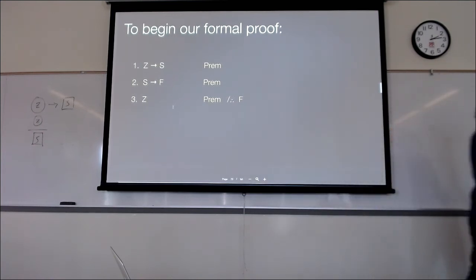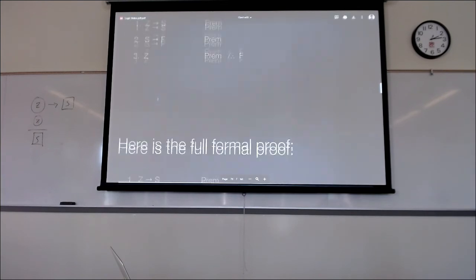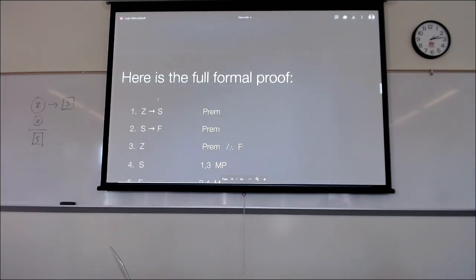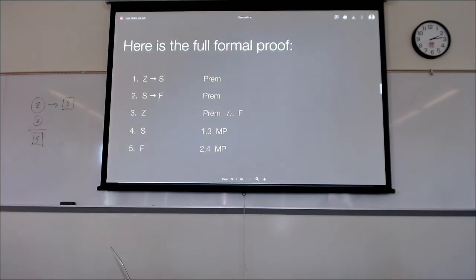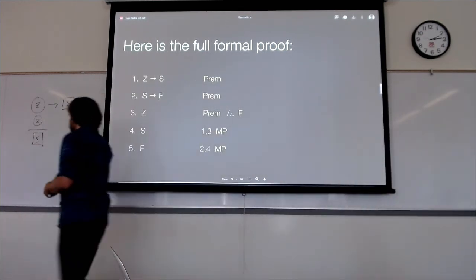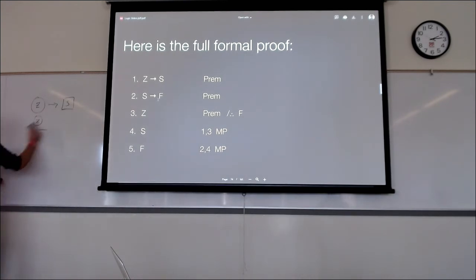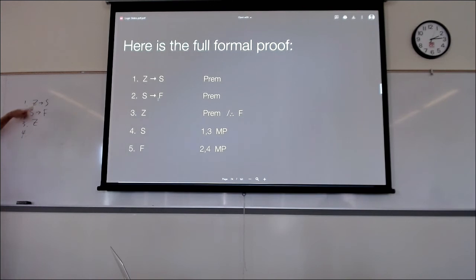So line 4. Let me see if I have it on the next slide. I might as well give you the full one, then I can talk through it. So line 4, you derive S. So I'm going to write it here. Line 1, you have Z, arrow, S. Line 2, you have S, arrow, F. Line 3, you have Z. Now, using modus ponens on lines 1 and 3, that's what I did there.